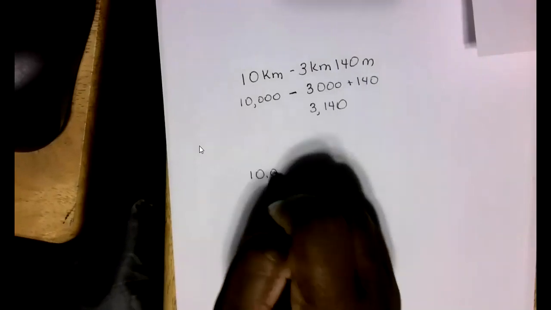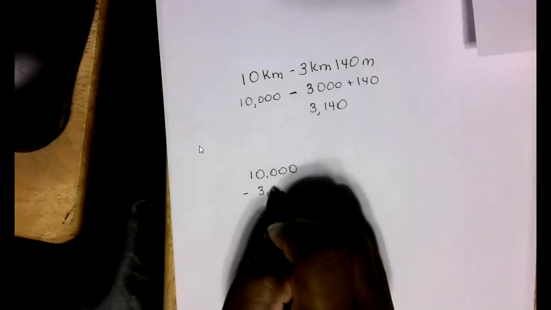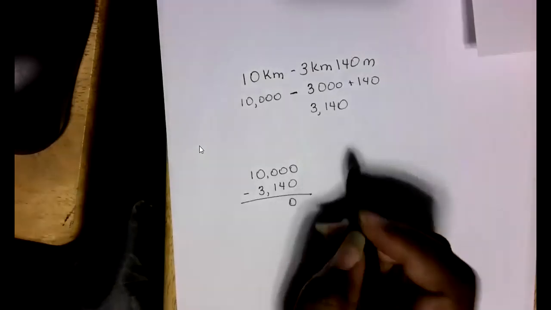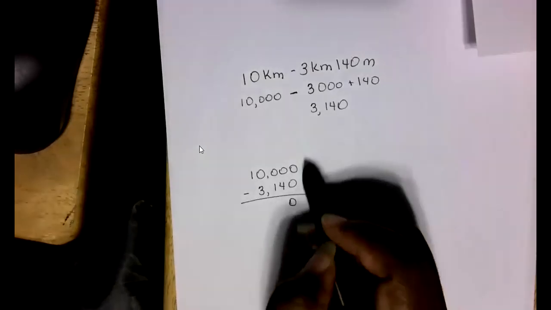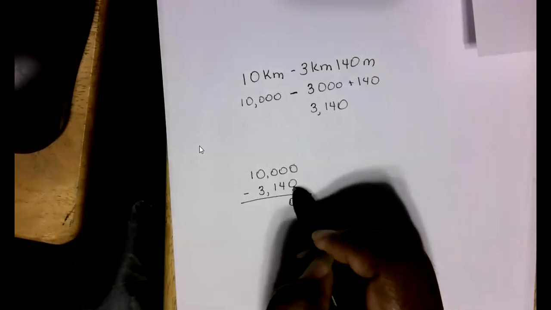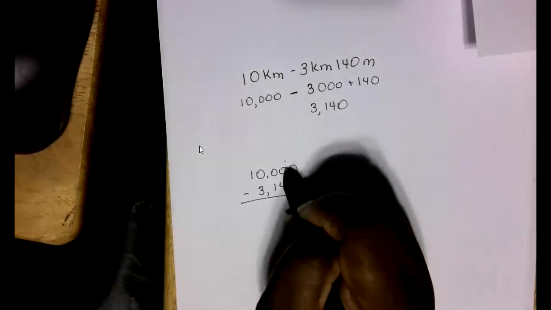So now I'm going to subtract 3,140 from 10,000. Before I subtract, I'm going to check each one of my place values. So I don't need to unbundle here. I do need to unbundle here.